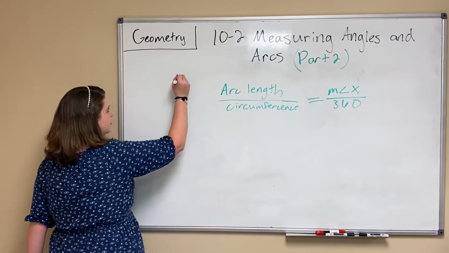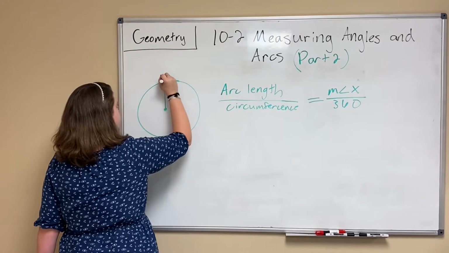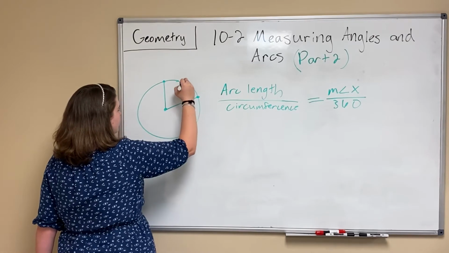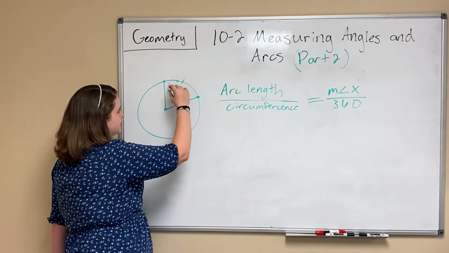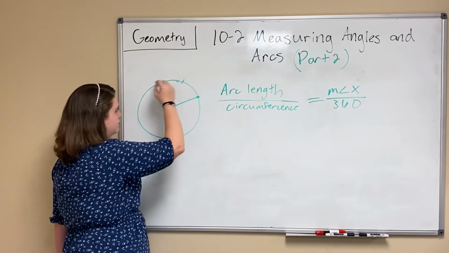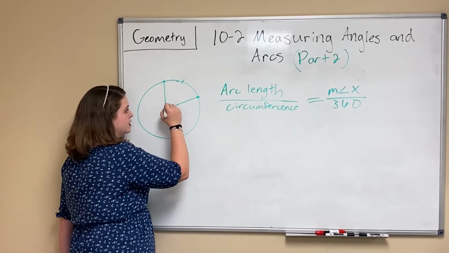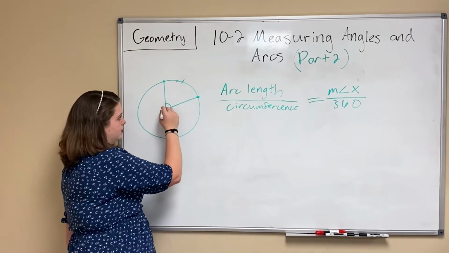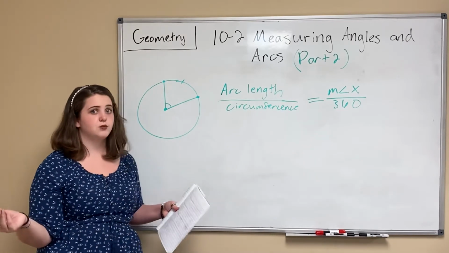So if I break that down into what it means in an actual circle, let me make myself an arc. This arc, whatever its length is, its length divided by the total circumference, the total distance around the circle, is going to be proportional to the measure of this angle compared to the total angle measurement of the circle, which is 360 degrees, and we already know that.